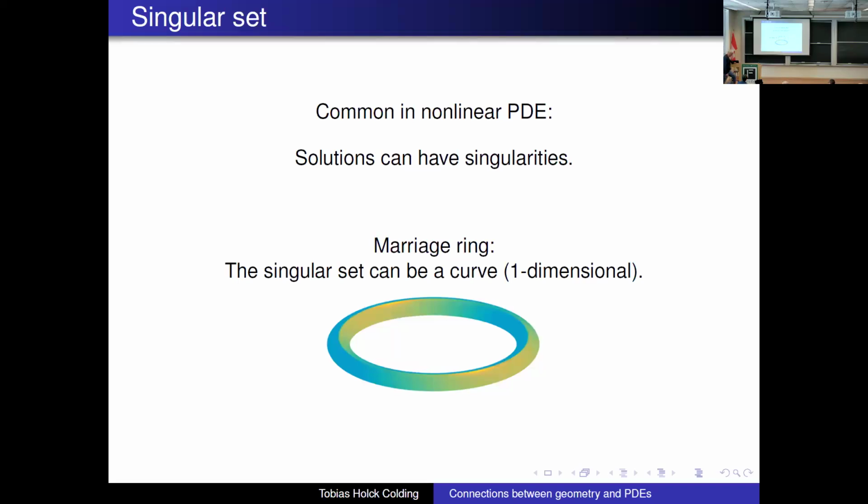I was going to talk about stability of solutions. But once you have uniqueness of blowups, this also gives you strong information about the singular set. So thanks for listening.